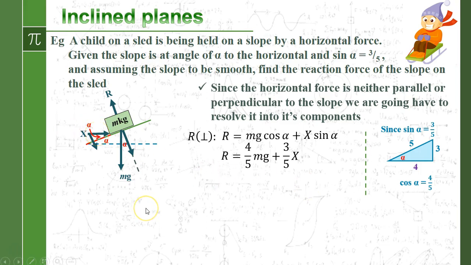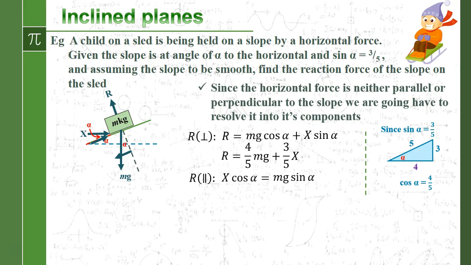So what I'm going to do now is resolve parallel to the slope and see if that allows me to work out X. So, going parallel to the slope, so we've got in that direction there, and again it's being held in equilibrium on the slope, it's not moving, so we can put forces up the slope on the one side, so there's X cos alpha, and that's got to be equal to the forces going down the slope, which have got to be coming from gravity, which is going to be mg sine alpha.